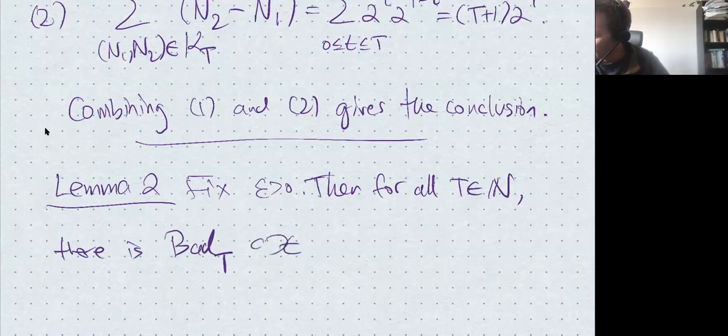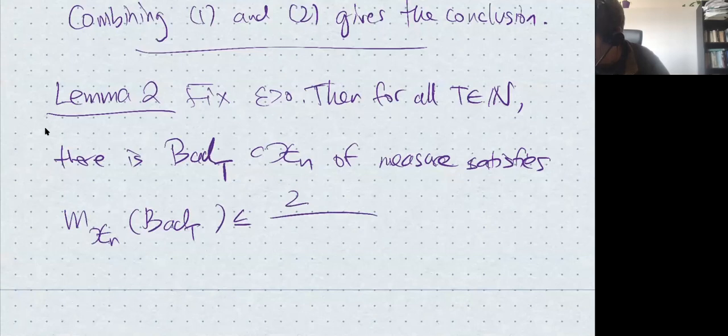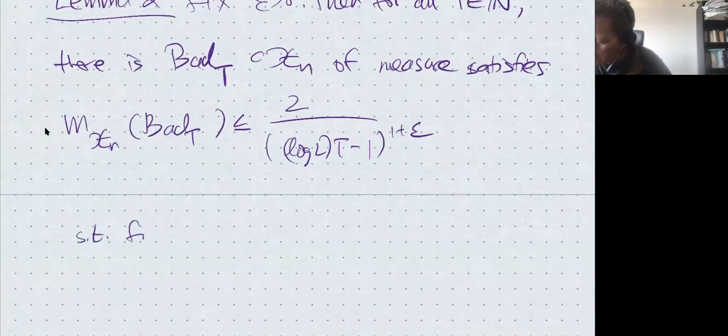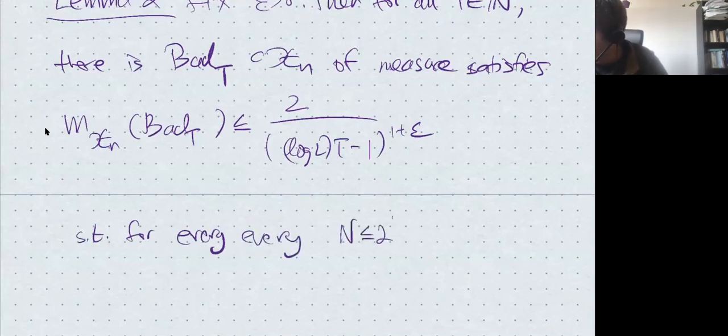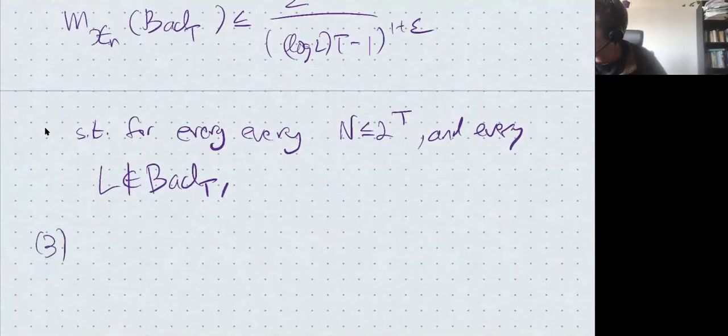Bad T is a subset of the space of lattices whose measure satisfies the following bound, such that for every integer n bounded above by 2 to the T, and every lattice L which is not in the bad set, I get the following bound, which I want to call formula 3.